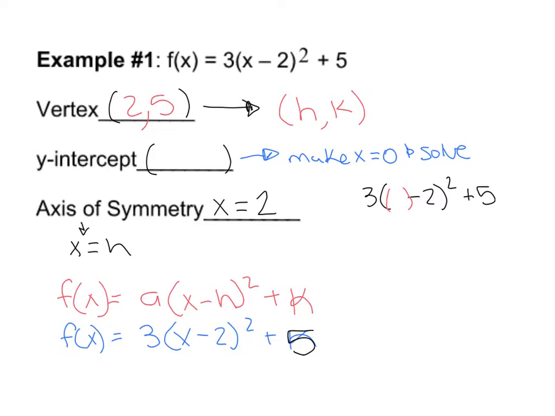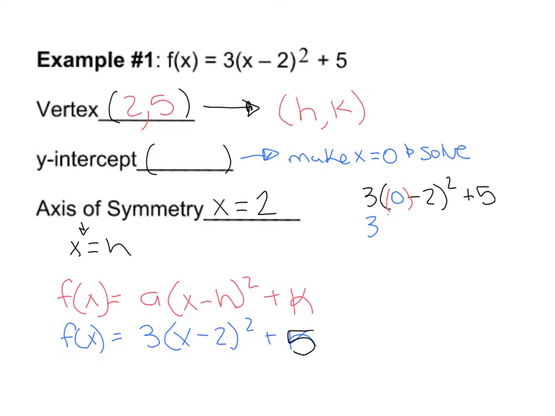All right, now to find the y-intercept, we do have to do a little bit more work. So we're going to make x equal 0. In this, all we're doing is changing that x to a 0 and then solving, because we should remember that f of x is the same thing as y. So if I plug in 0 here, we have 3 times 0 minus 2 squared plus 5.